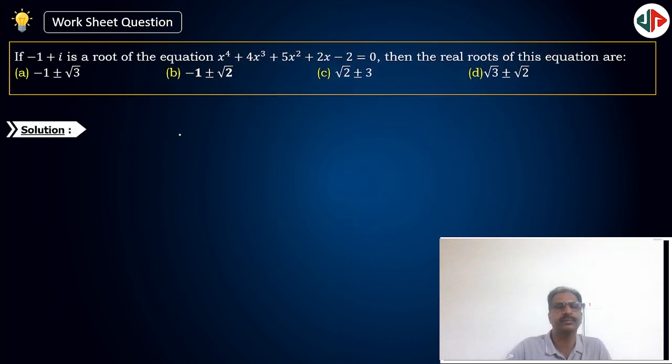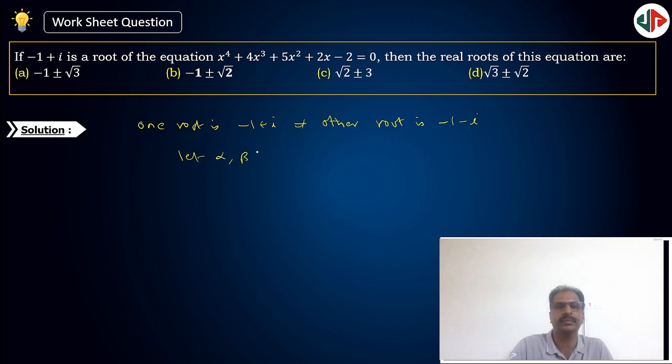Next, if minus 1 plus i is the root of the given equation, then what are the real roots? Since coefficients of the given equation are real numbers, if one root is minus 1 plus i, it implies the other root is minus 1 minus i.